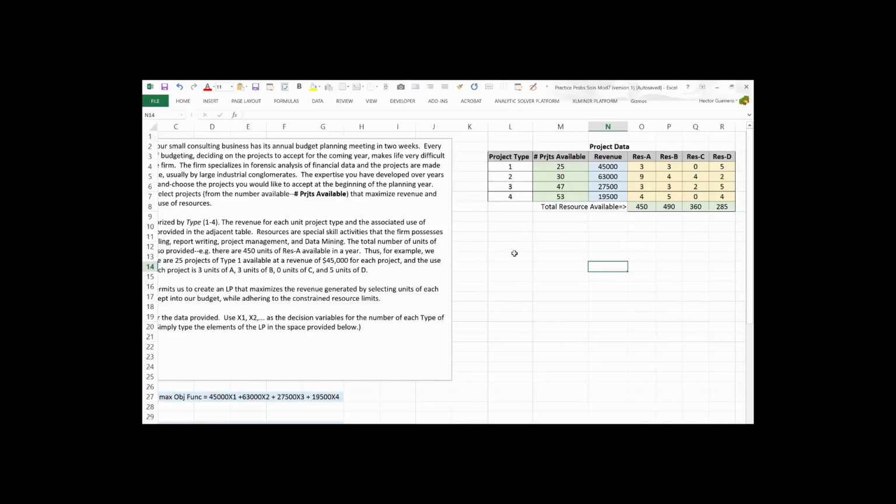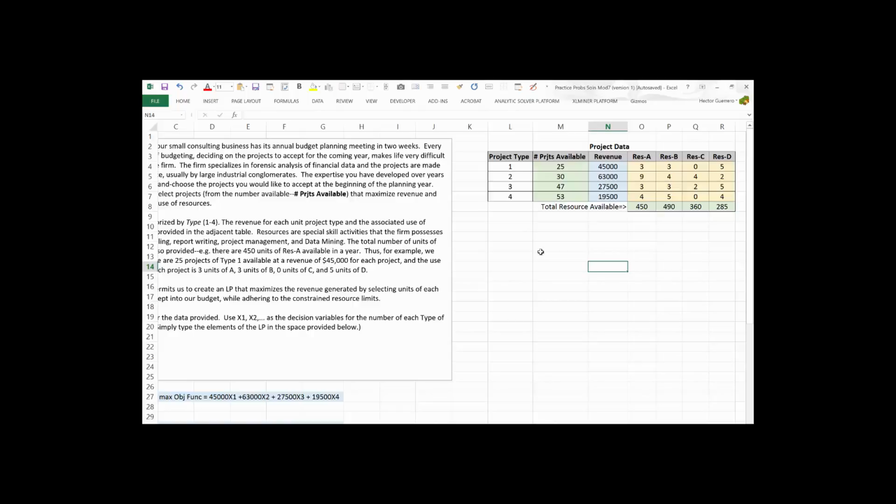The decision variables in this problem are going to be x1 through x4. x1 will be a variable that says how many of project type 1 am I going to accept? 5, 10, 15. And remember, in linear programming, we can get values of projects that are decimal values, fractional values.